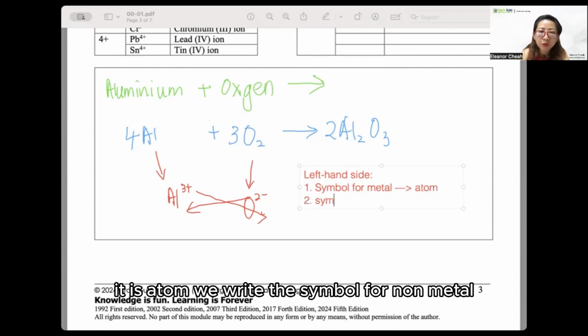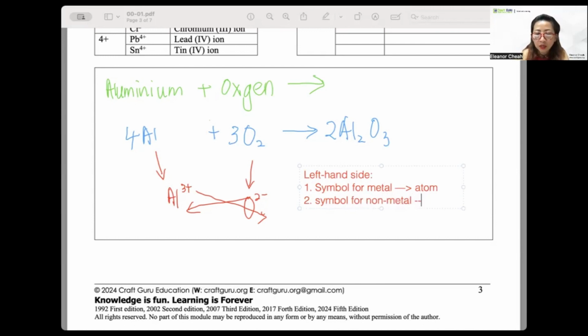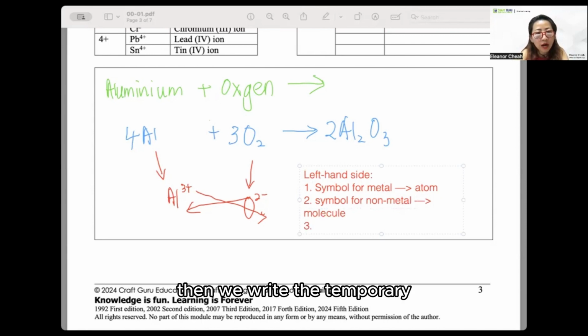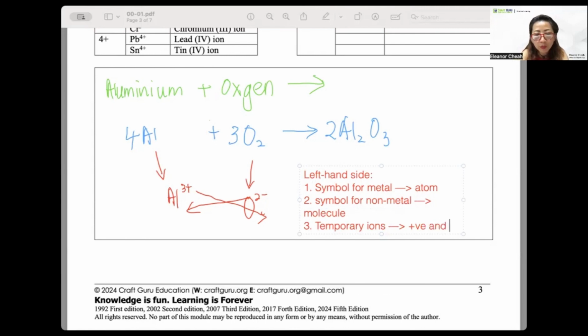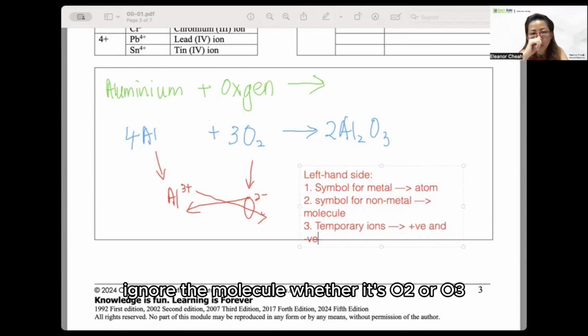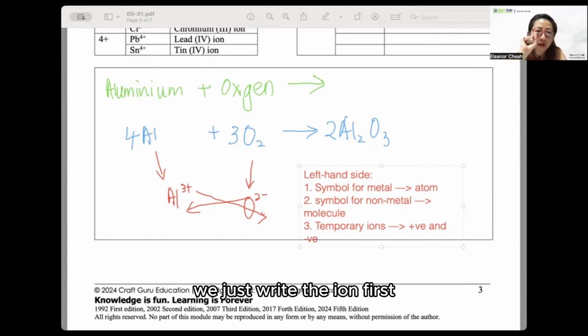We write the symbol for non-metal. It is in molecule. Then we write the temporary ions for both positive and negative. Ignore the molecule, whether it's O2 or O3. We just write the ions first.